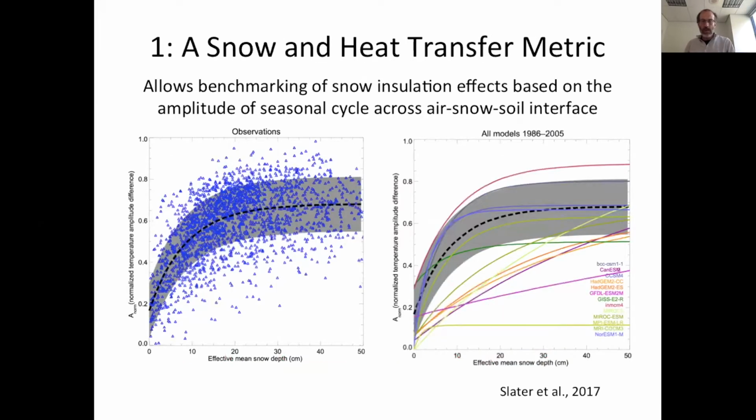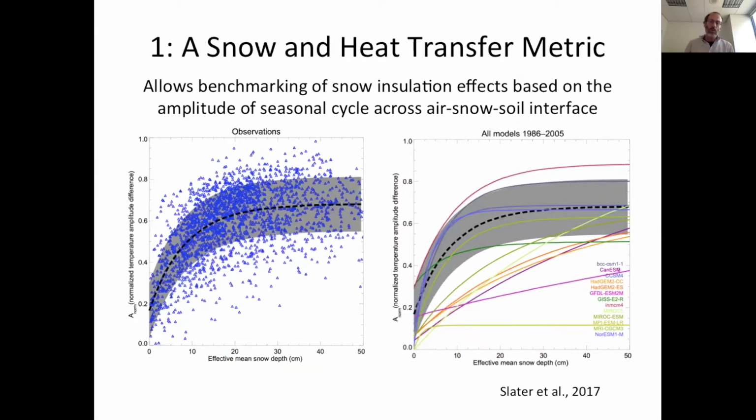One is from a paper that Drew Slater wrote, in which Drew was getting at the fact that snow is incredibly important for mediating the heat transfer between the atmosphere and the land surface. The more snow there is, the more the snow attenuates the amplitude of the seasonal cycle between the surface air temperature seasonal cycle and the snow seasonal cycle.